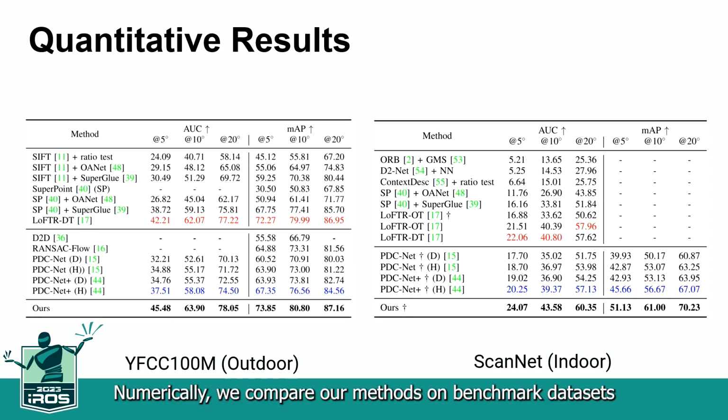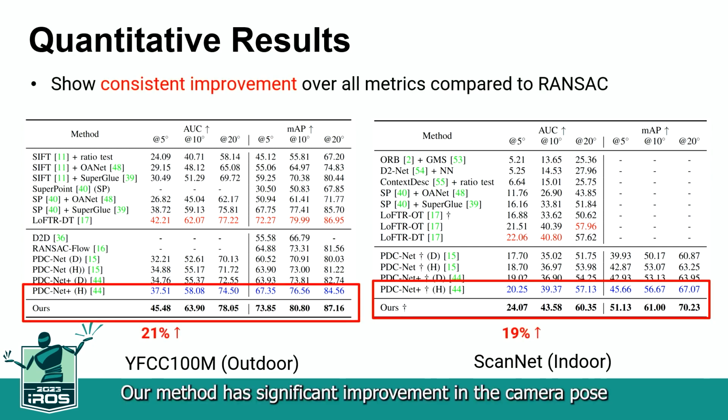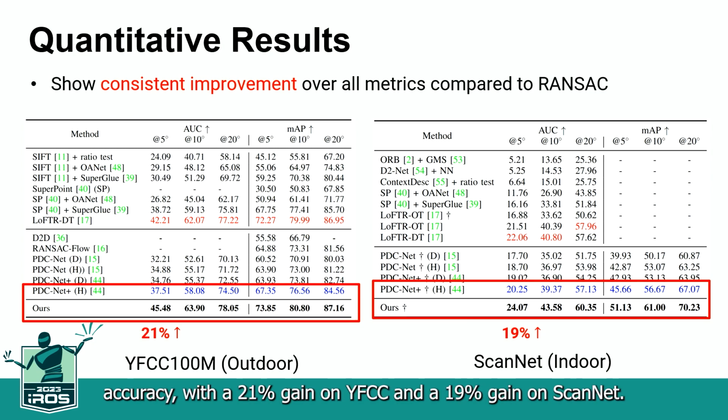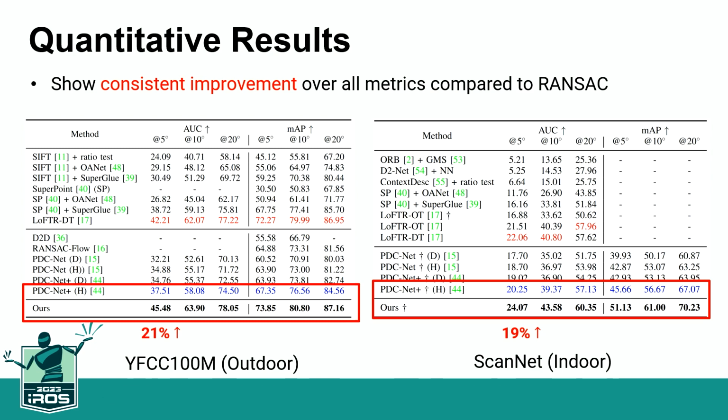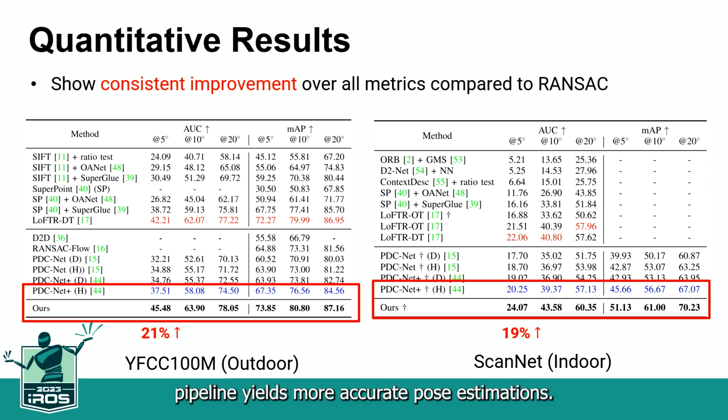Numerically, we compare our methods on benchmark datasets, including the YFCC 100 million outdoor dataset and the ScanNet indoor dataset. Our method has significant improvement in the camera pose accuracy, with a 21% gain on YFCC and a 19% gain on ScanNet.